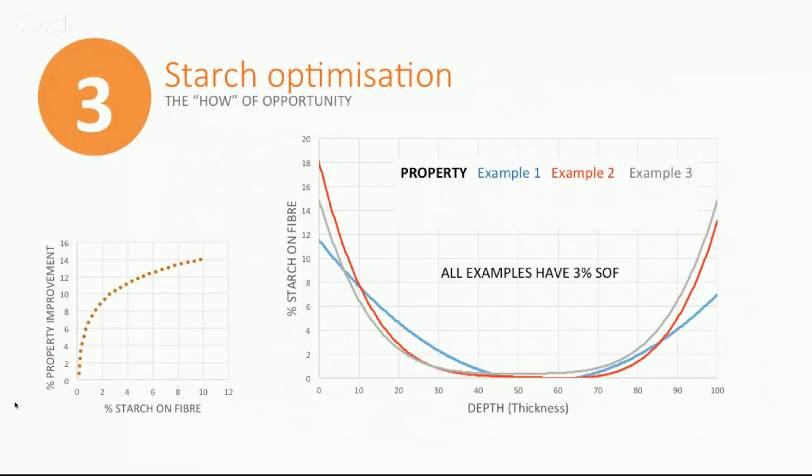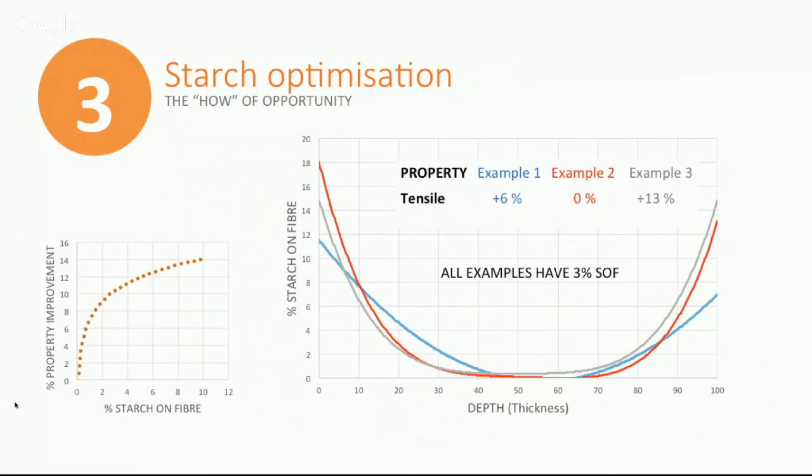They represent the different profiles. So for tensile, compared to the red profile, we would expect a 6% improvement with the blue profile and a 13% improvement with the grey profile. So clearly the grey profile, which is symmetric and has starch going a little bit further into the sheet, is better for tensile.